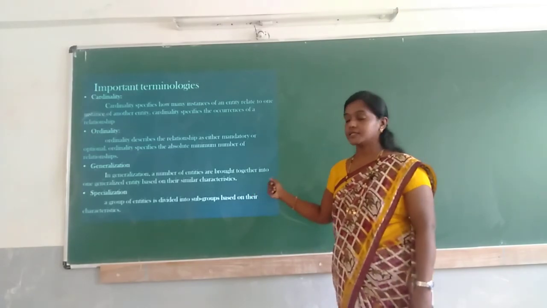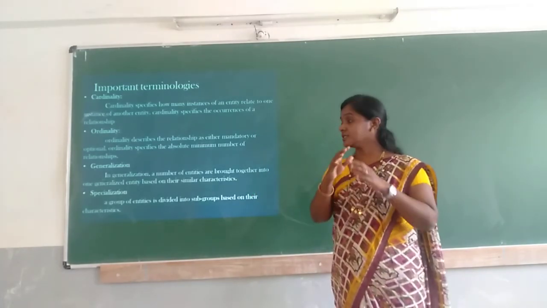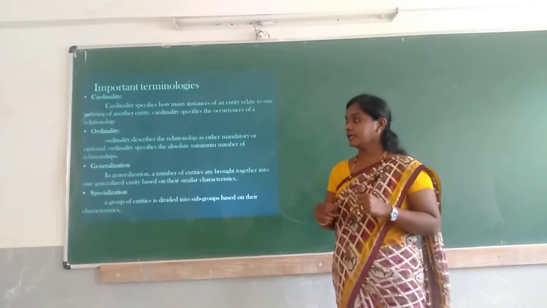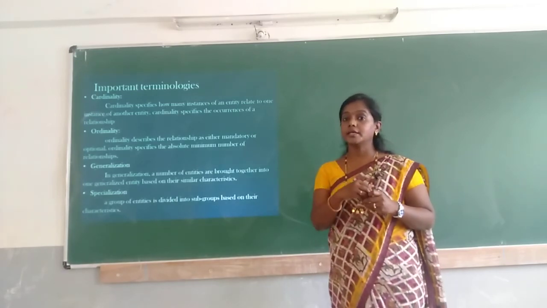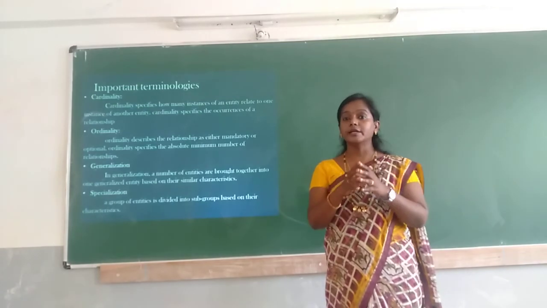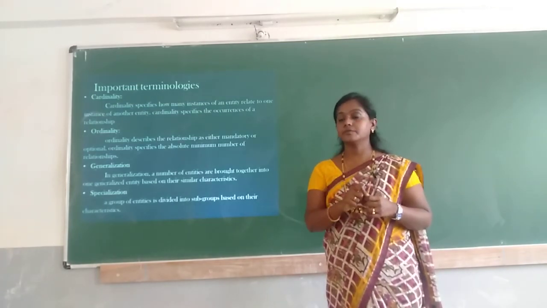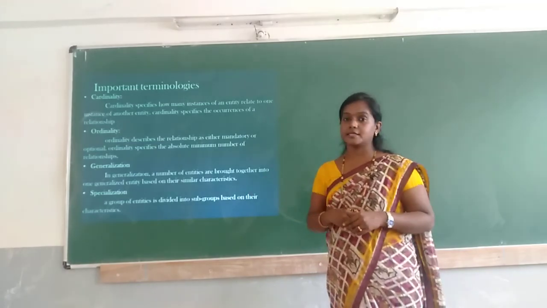So grouping different types of entity to form one single entity, we call that generalization. Next is specialization. A group of elements is divided into subgroups based on their characteristics. That process we call specialization.